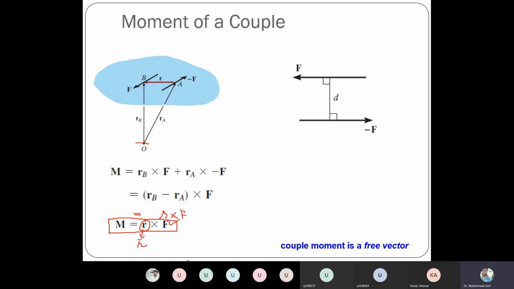So that's a free vector. Couple moment is a free vector. That means this R should be touching the line of action of these two forces, because this is 3 dimensions. But in case of 2D, there should be a perpendicular distance between the two forces.